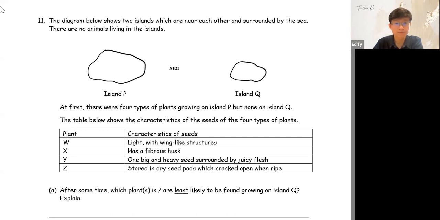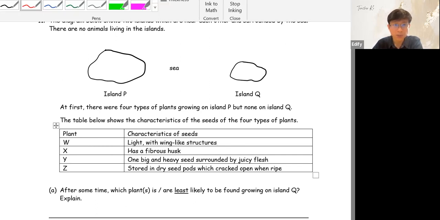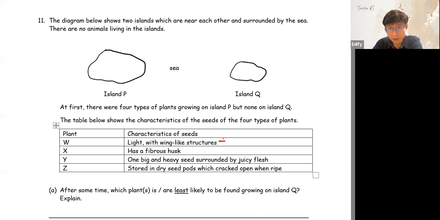So this island is separated by the sea. If you look at all these plants, which one can't go so far away? Okay, I know that W is light with a wing-like structure, so this is likely to be dispersed by the wind.